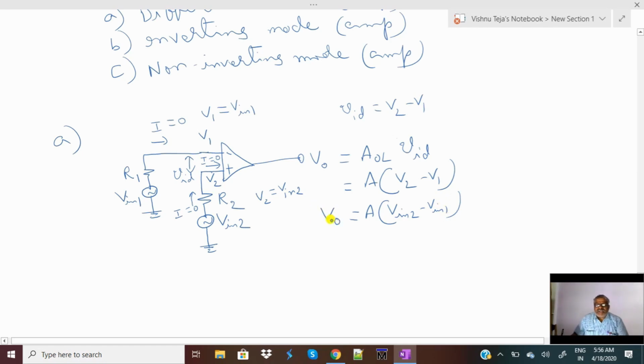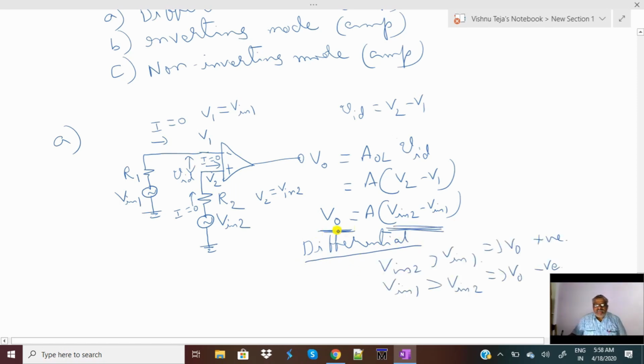So the output voltage is directly proportional to the difference of the two input signals Vin1 and Vin2. That's why this mode of operation is called differential mode of operation. So we can operate our operational amplifier in differential mode.